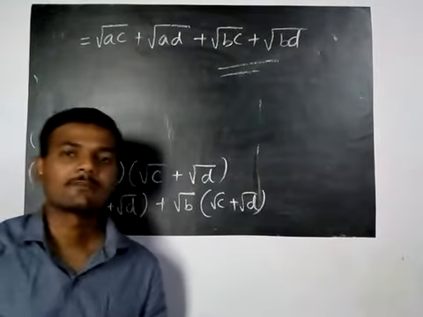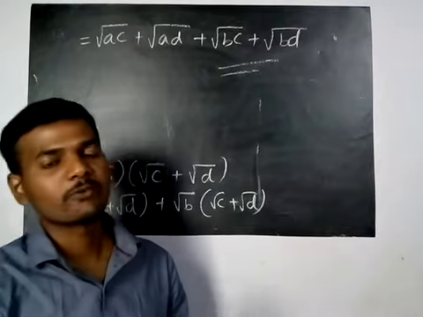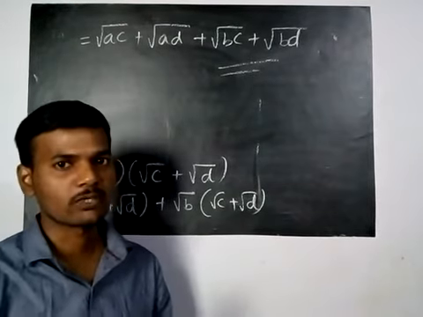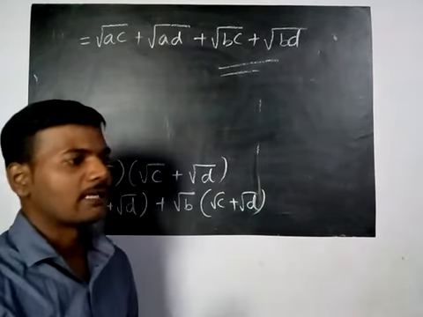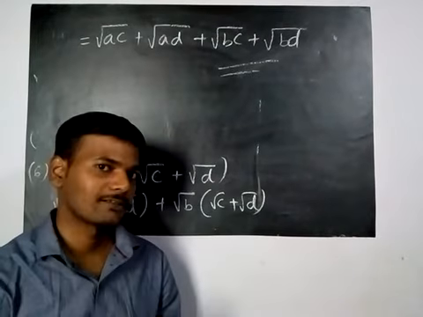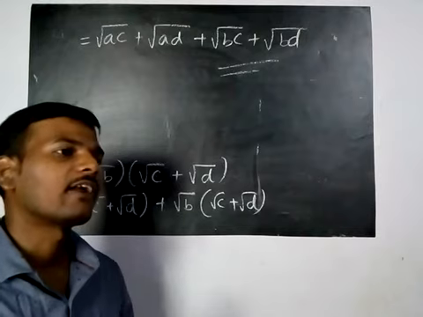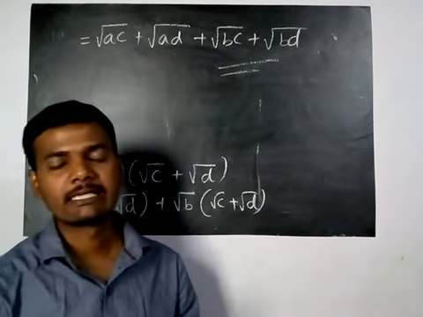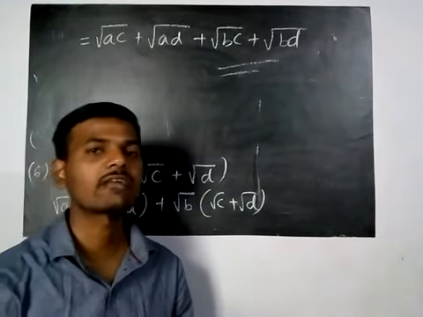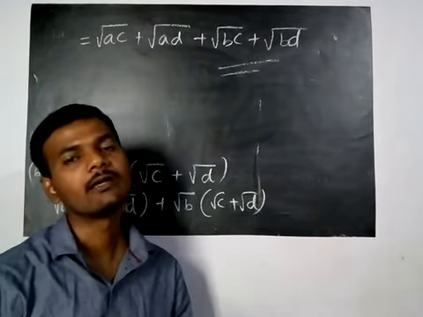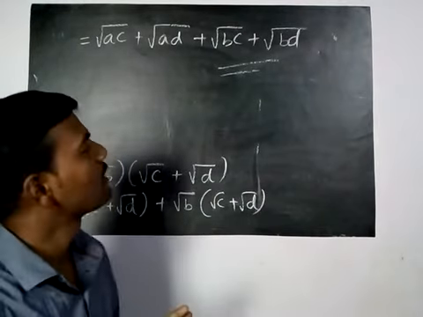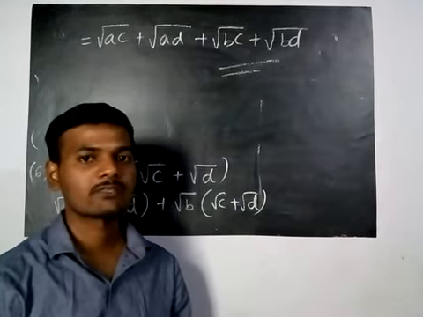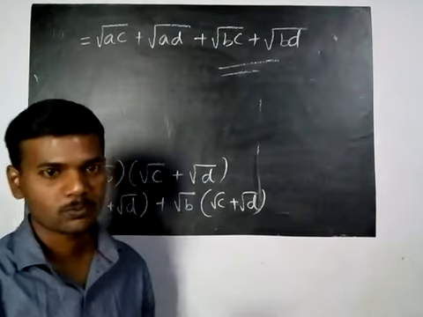Is there any like terms? If there are like terms, you have to add. If there are no like terms, you have to keep them as they are. There is no other way to add irrational numbers because they have infinite non-repeating digits, so we cannot add them. In addition of rational and irrational numbers, we have to keep them as they are.